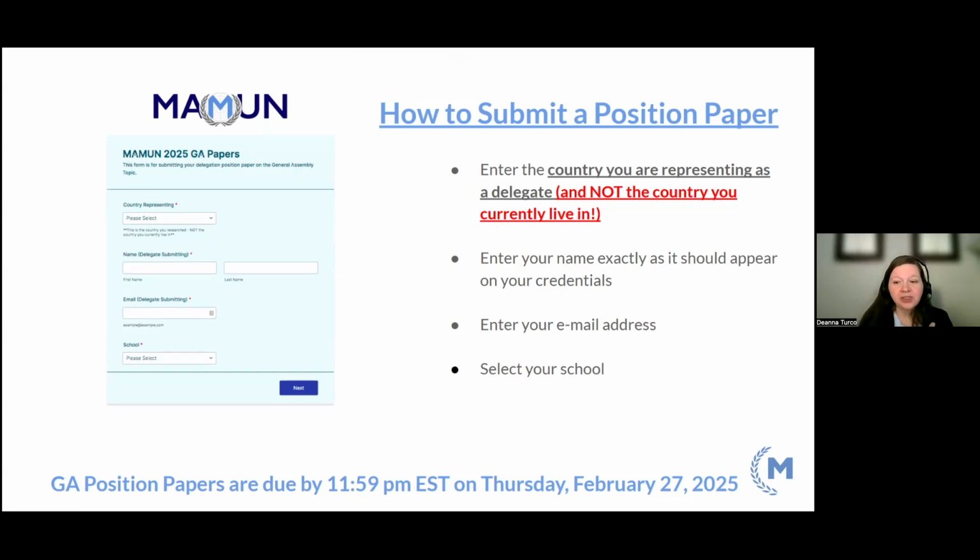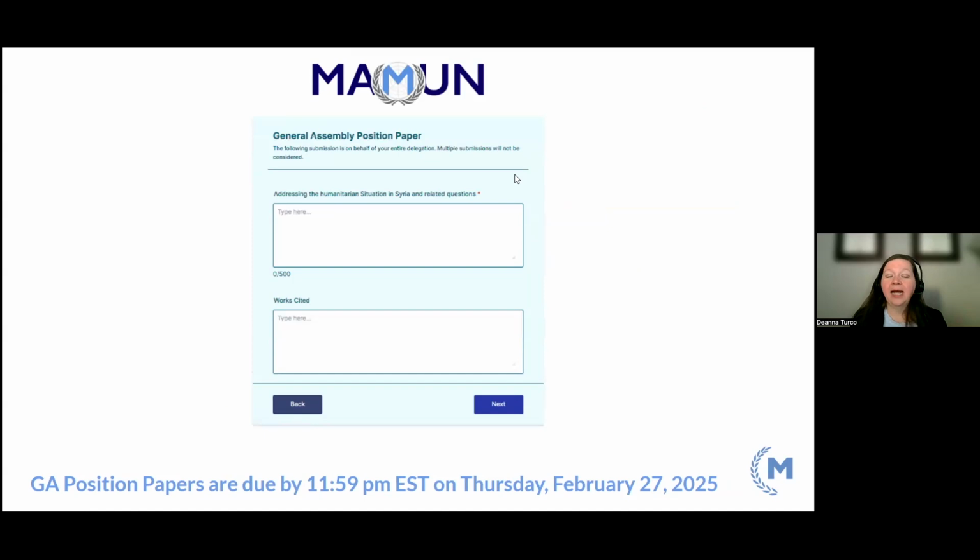You select your country, do not put the country you live in, put the country you're representing, and put in the name of the delegate who's submitting it. We just need to assign it to a delegate, but it will credit the entire delegation. And we want the name of whoever's filling out this form, and the email and the school. You'll go to next, and then this will be what it looks like.